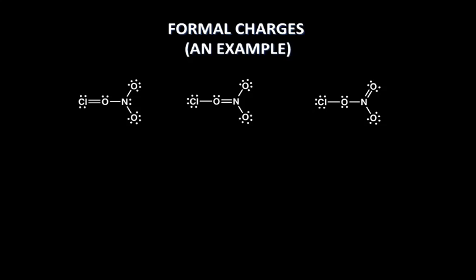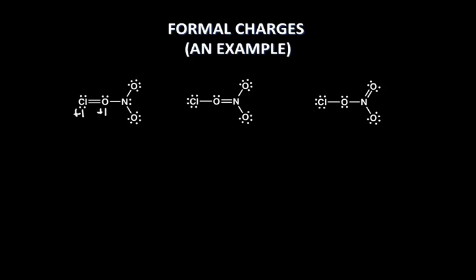If we look at the first chlorine, chlorine has 7 electrons as a neutral atom, and it has 6 electrons in this molecule. So it has a formal charge of +1. The oxygen in the middle has 6 valence electrons as a neutral atom. It has 5 electrons in this Lewis structure, so it has a formal charge also of +1.